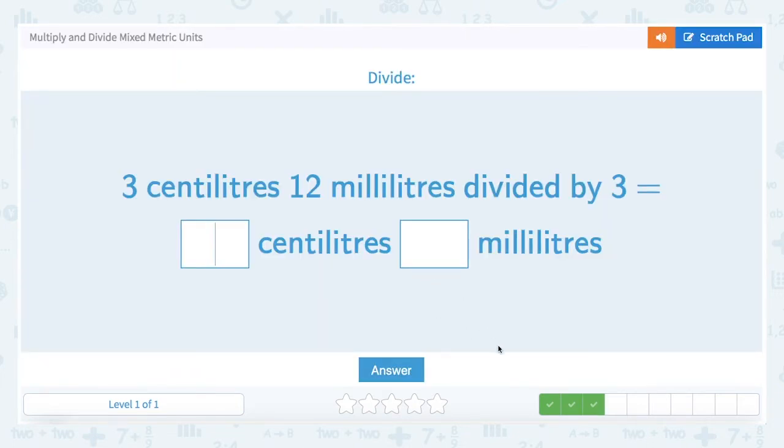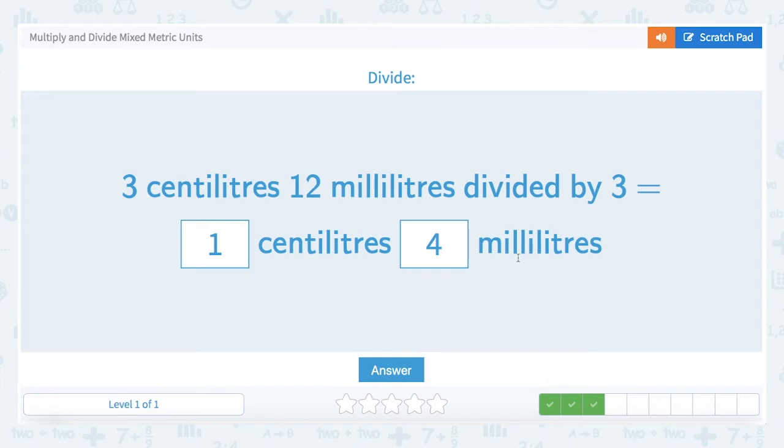3 centiliters, 12 milliliters divided by 3. Okay, so 3 divided by 3 is 1. 12 divided by 3 is 4. Now, a milliliter is 1/1000th of a liter.